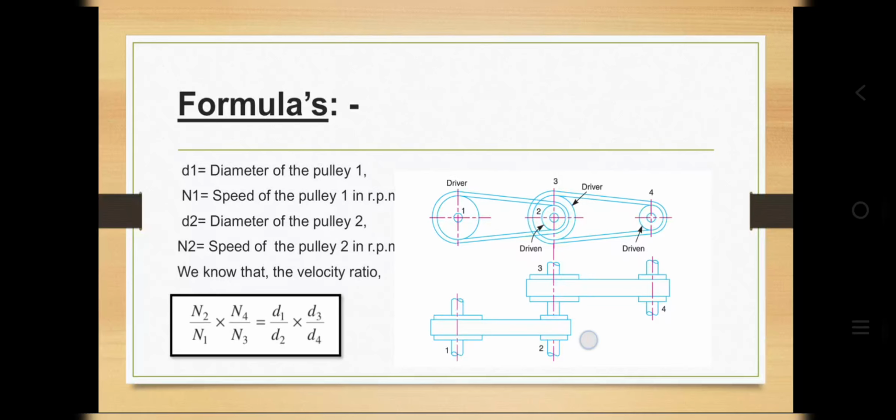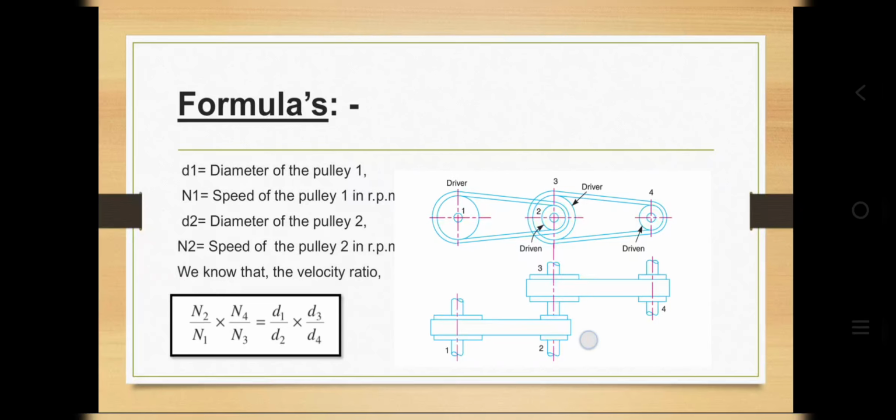What is the velocity ratio formula? It is N2 divided by N1 into N4 divided by N3 equals D1 divided by D2 into D3 divided by D4. So what is N2?